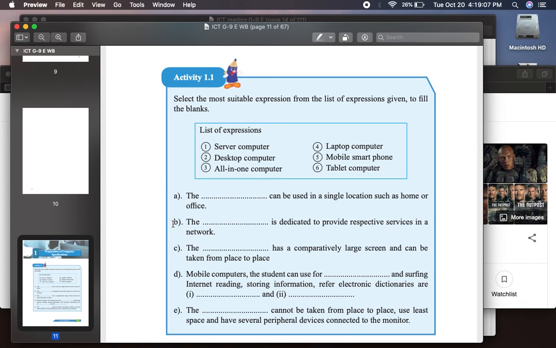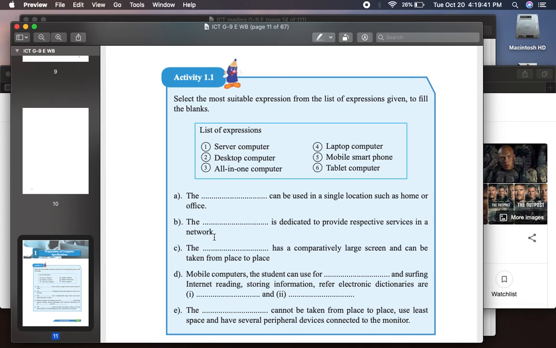Going to item B, the sentence says the space blank is dedicated to provide respective services in a network. Okay, so a network is a group of computers located, for example, let's say within a building. Now, that is just one example.